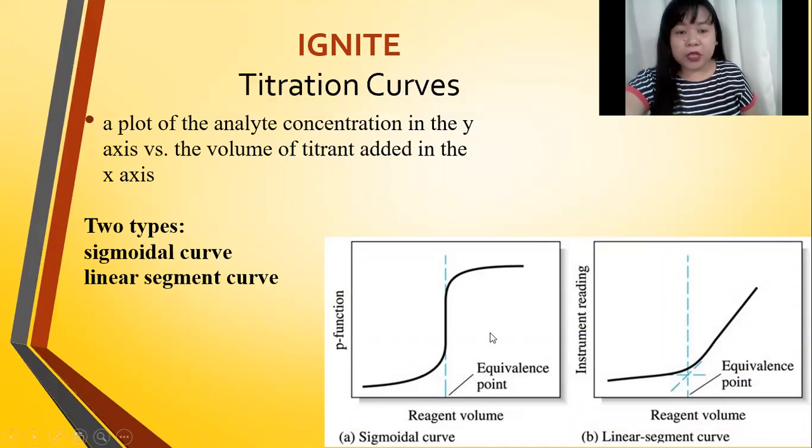We are most familiar with the sigmoidal curve because in this curve we can easily identify the equivalence point, which is the point having the steepest slope or the greatest change per volume of titrant.